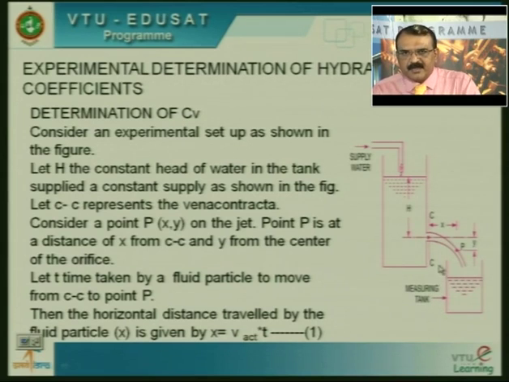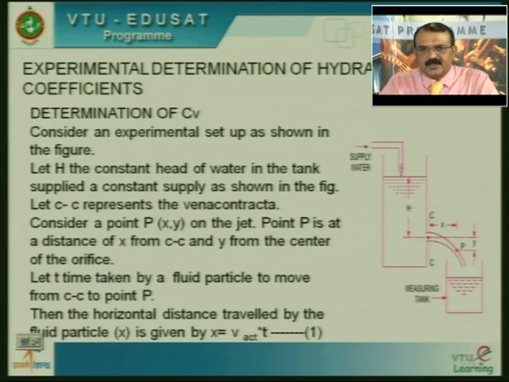Most of the time there is a small glass tube attached to the measuring tank, and next to it a measuring scale. At t equal to 0, make a mark on the scale, and at t equal to 60 seconds, make another mark. I call the final depth h2 and the initial depth h1. Small h2 minus small h1 gives the depth of water collected in 60 seconds. I hope it is clear.